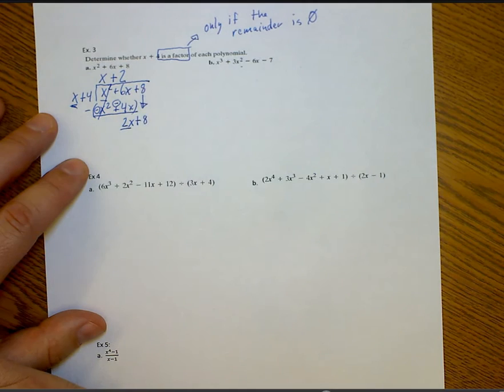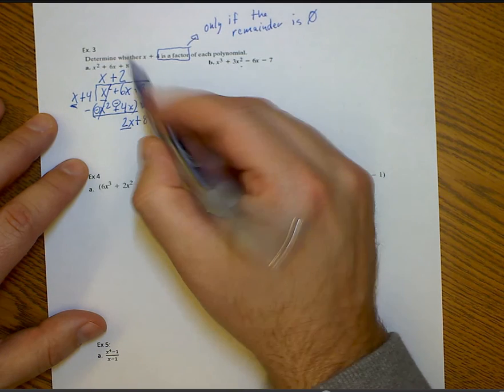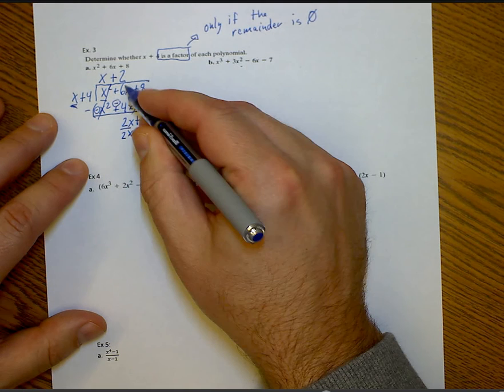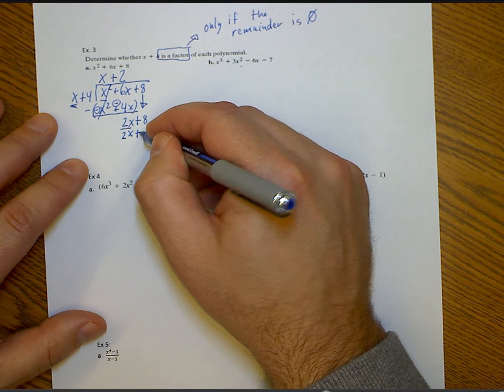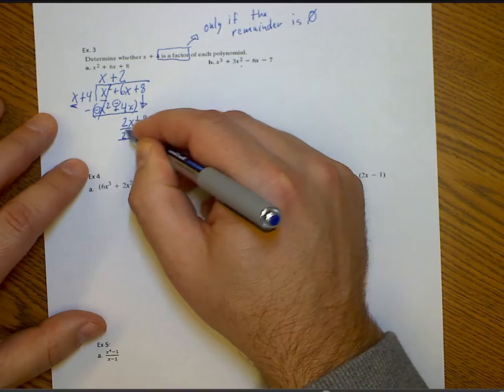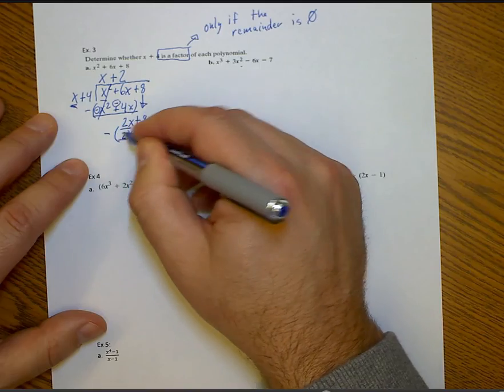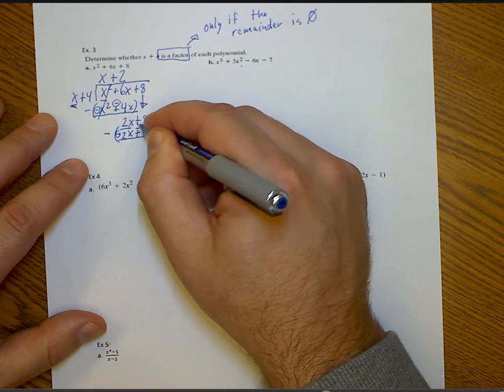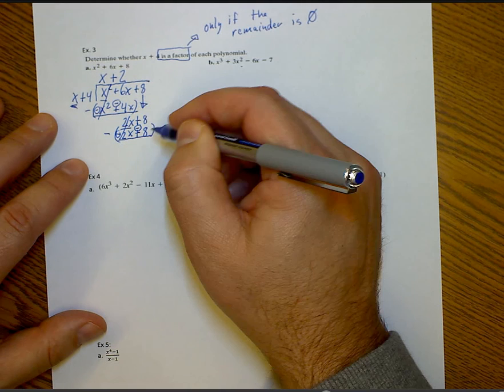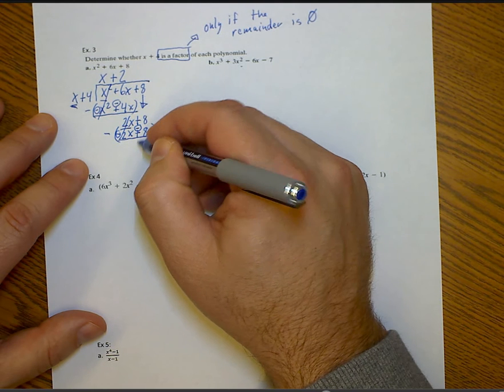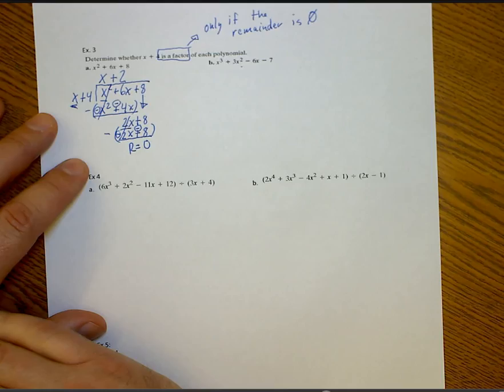So when I distribute that, 2 times x is 2x. 2 times 4 is 8. Change both signs by putting a minus. 2x minus 2x, 0. 8 minus 8, 0. So what is that remainder then? The remainder is 0.